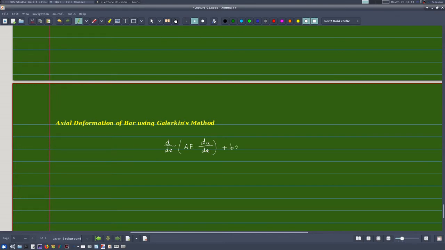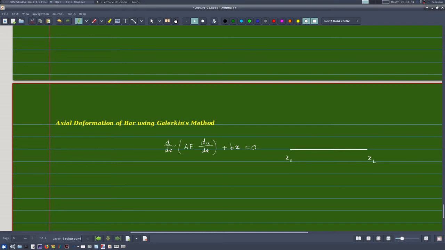So b into x is equal to 0. And what are my boundary conditions? I know that this equation is fulfilled. Say my bar starts at x equal to x naught, and it ends at x equal to xl. In that case, what I can do is say this is my bar, and here my x is x naught, and here my x is xl.